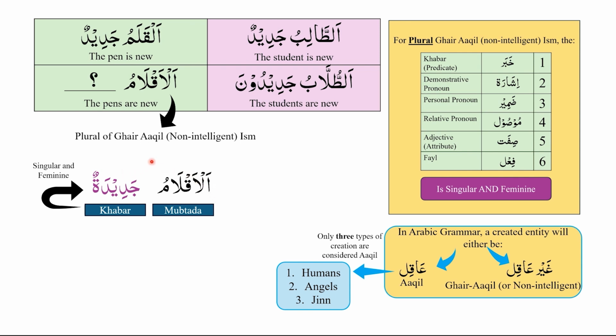We will say al-aqlamu jadidatun. Jadidatun is singular and feminine. It satisfies this rule, and this is a good example of how we will determine the khabar of a jumla ismiya where the mubtada is the plural of a ghair aqil or a non-intelligent ism.